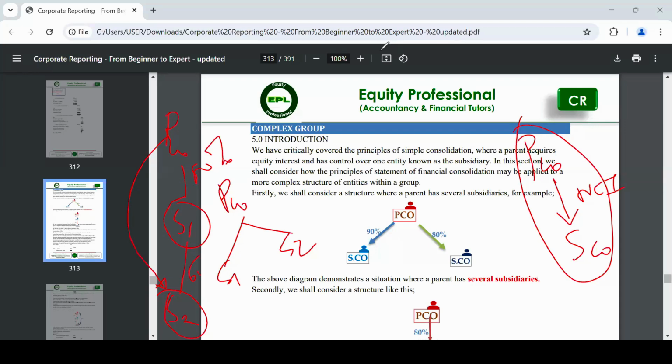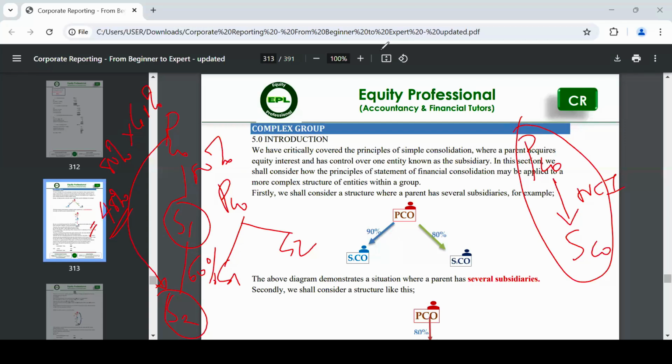Subsidiary was a parent to another subsidiary where it had 60% controlling interest. We said the effective interest in this case will be 80% multiplied by 60%, and that would give us 48%.